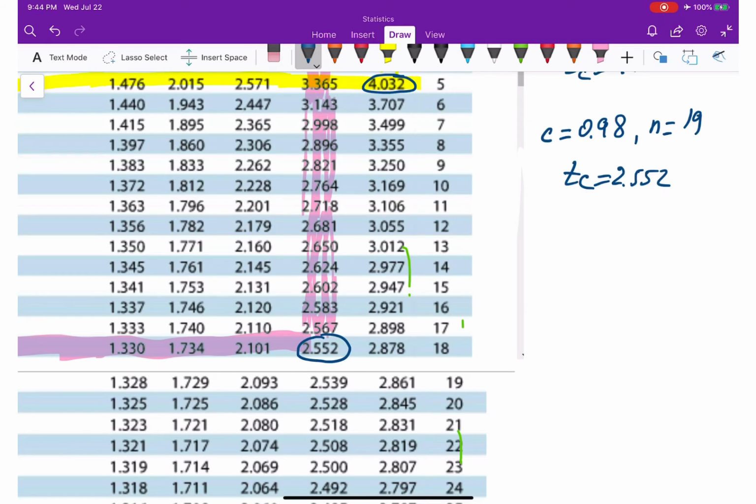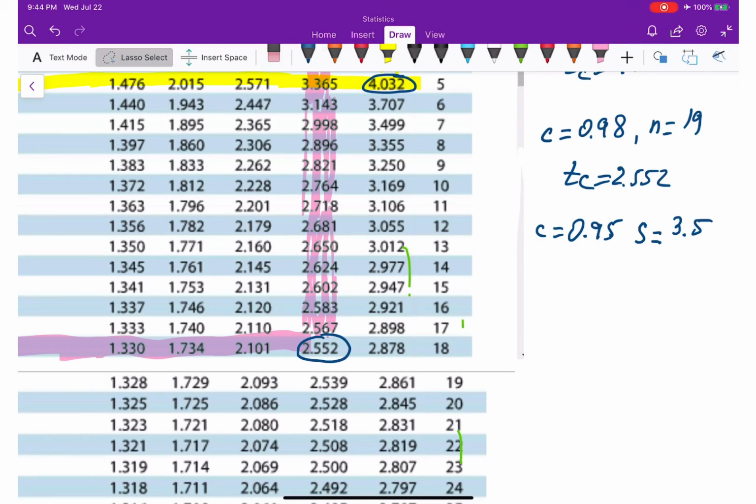Okay. Let's do one more. C is equal to 0.95 and S, standard deviation, is equal to 3.5.